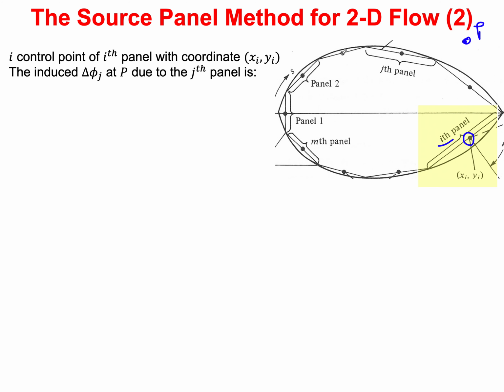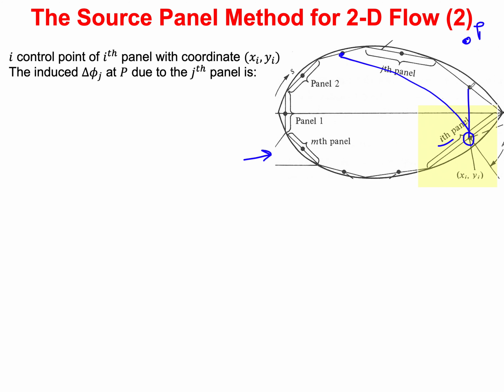So this panel contributes a velocity to control point I, and this panel contributes, and the free stream velocity also contributes a velocity component to the control point I. And what I will end up with is the velocity in terms of all the strengths of these panels.